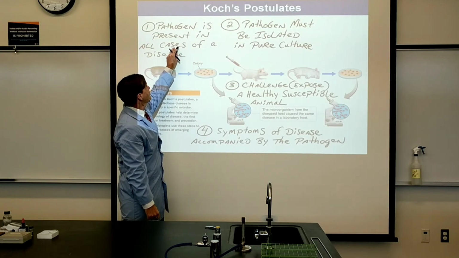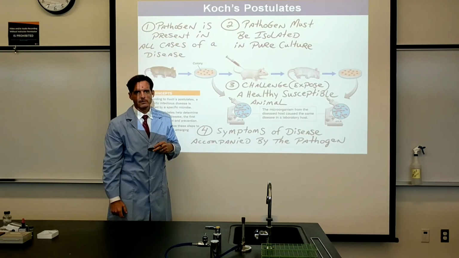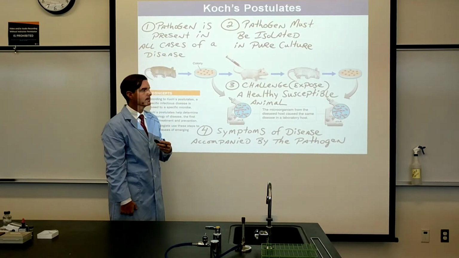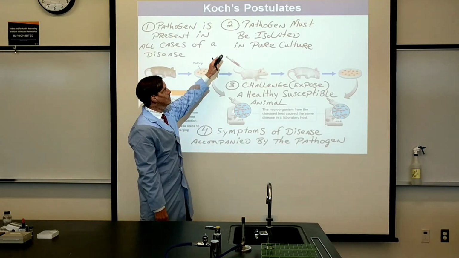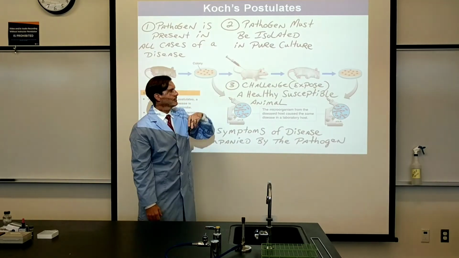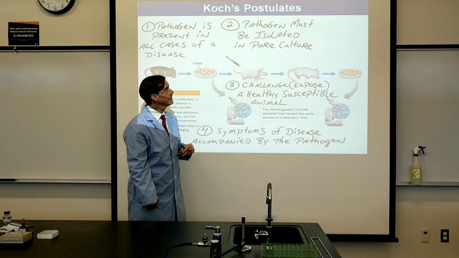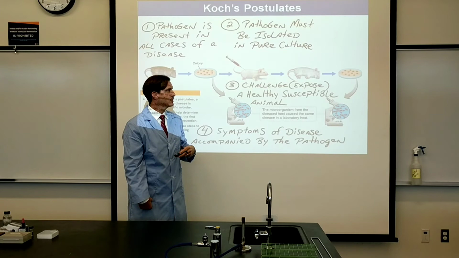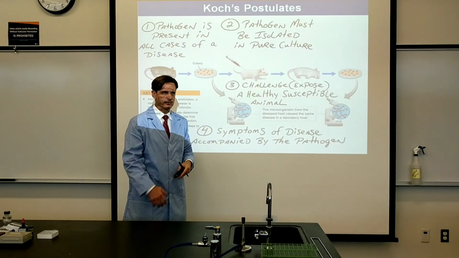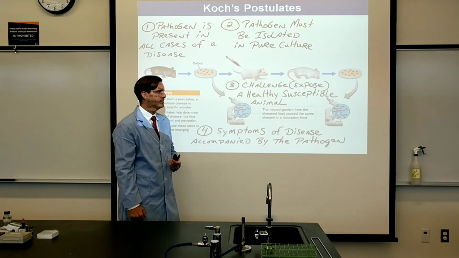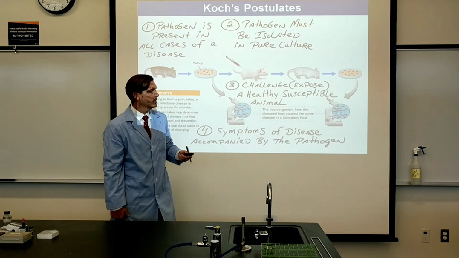What could we have difficulty with meeting the first of Koch's postulates? And I want you to think about yes or no and why. The same could be said about step number 2. Could it be difficult to perform step number 2 or 3 or 4? And so I want you guys to think about that during our discussion during Zoom. Okay?